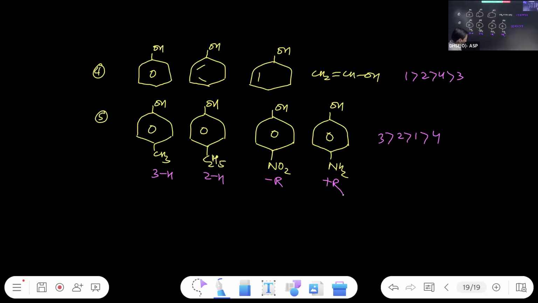Quickly note down. Noted. Next, what are the other reactions related to the breaking of the oxygen hydrogen bond?